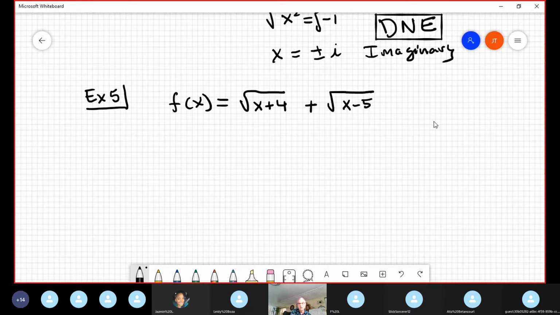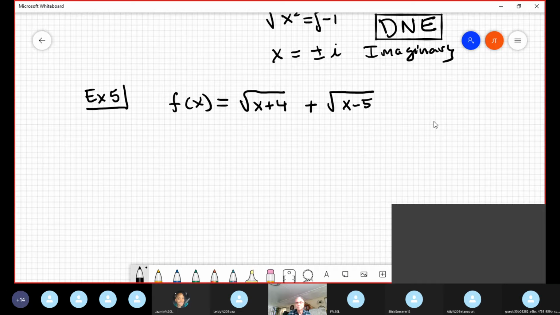So I ask myself, how many restrictions do we have? Repetition again: 2 restrictions because we have 2 square roots.